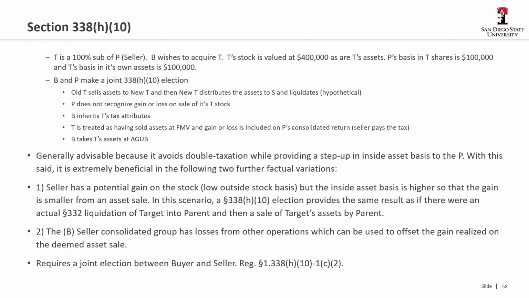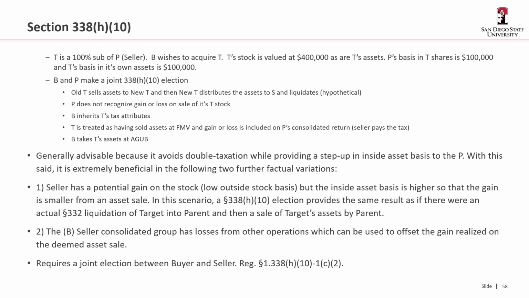B wishes to acquire T. T's stock is valued at $400,000 as are T's assets. P's basis in T's shares is $100,000, and T's basis in its own assets is $100,000. P and B are going to make a joint 338(h)(10) election, and that's the only way you can do 338(h)(10): both the seller and the buyer agree.